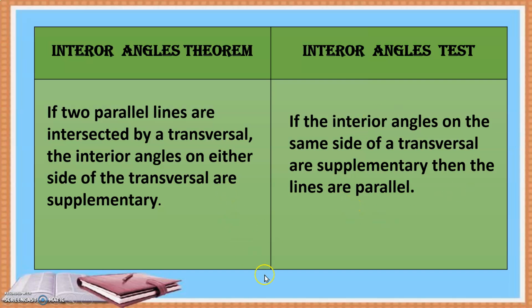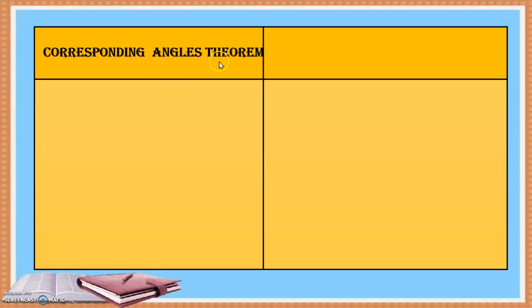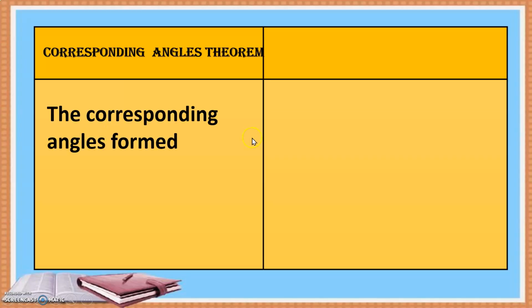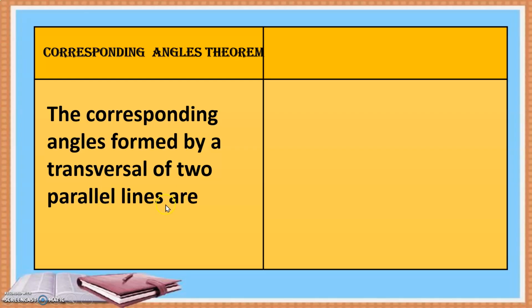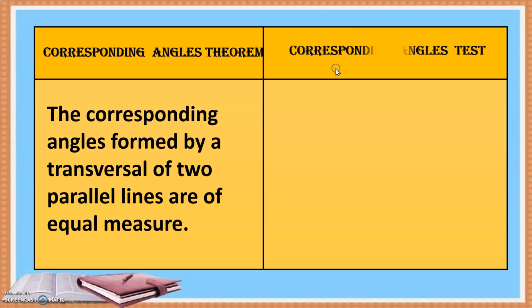Okay. Now we'll go to the next type of angles. That is the corresponding angle theorem. So what will this theorem state? The corresponding angles formed by a transversal of two parallel lines are of equal measures. That means if two lines are parallel, then the corresponding angles are equal. What will be corresponding angles test?